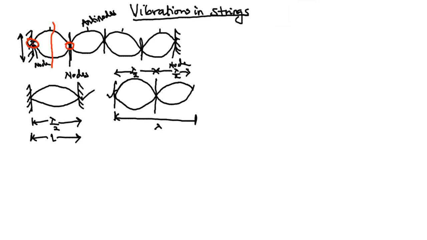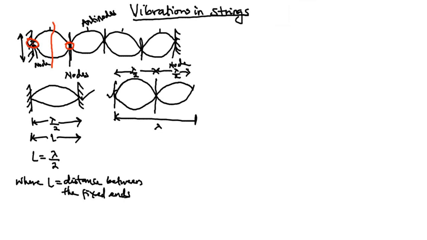Okay, so from this, we can say that L is equal to lambda over 2, where L is equal to the distance between the fixed ends, and lambda is the wavelength.